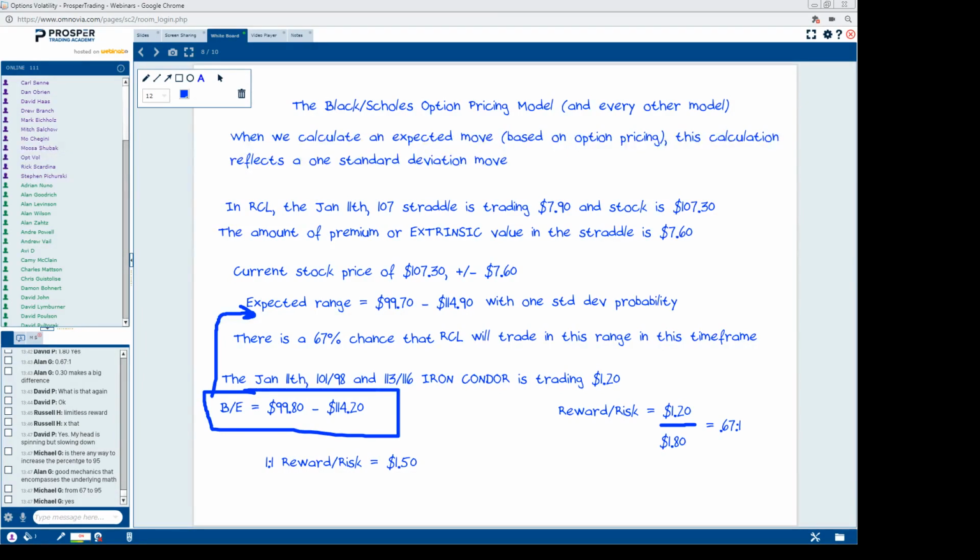If it's a credit, it should do what? No, it should decrease the amount of credit that we receive.